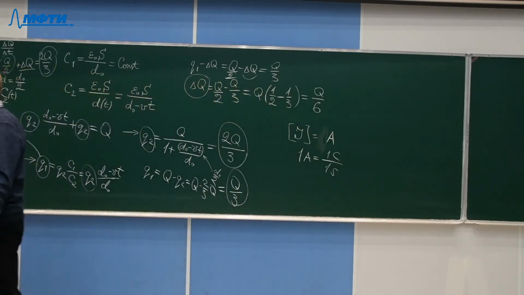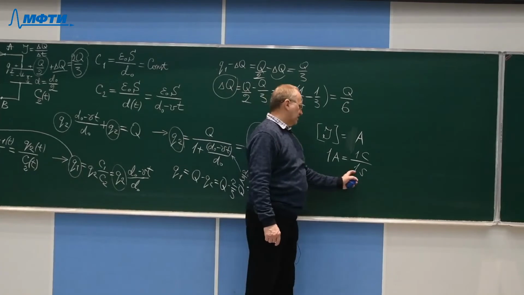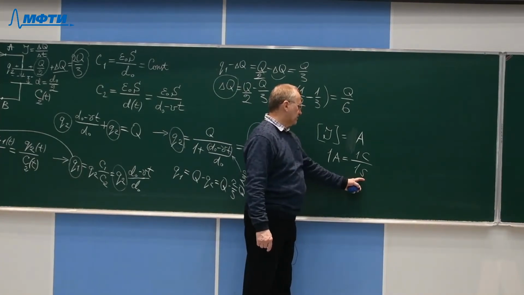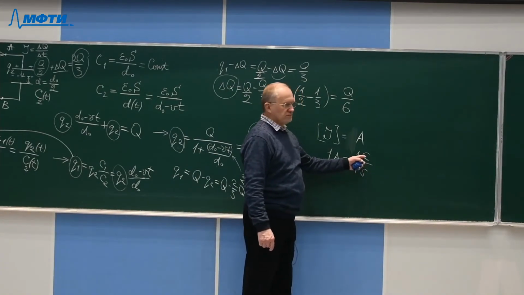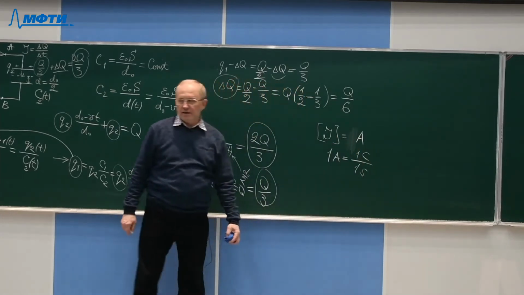That is, 1 ampere is such a current under which during each second the charge of 1 coulomb is carried through the cross-section of the wire.